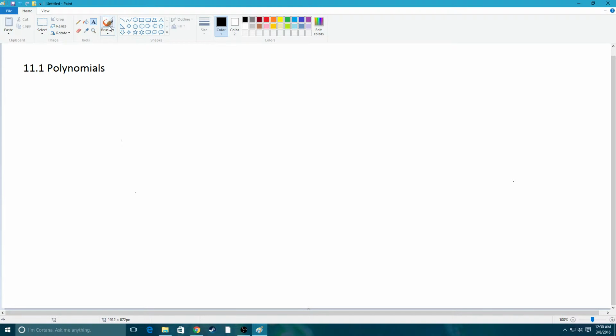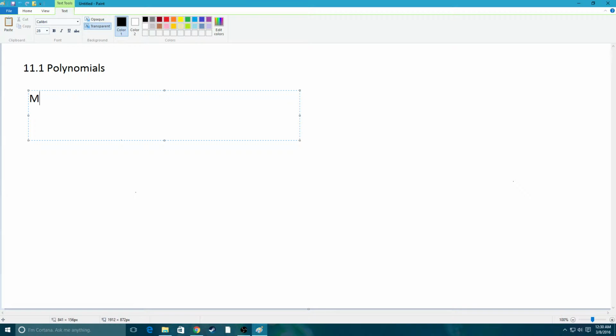Okay, so first we're gonna start off with this thing called a monomial. Our first vocabulary term is a monomial. It could be a real number, a variable, or a product of a real number and a variable.